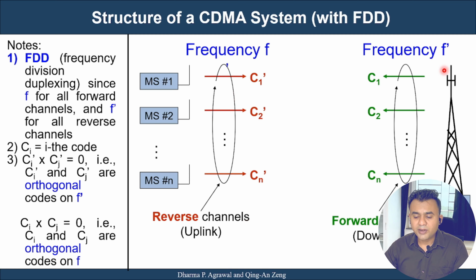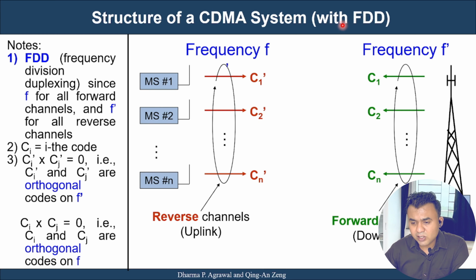Similarly, in the downlink direction, frequency again remains the same, but when my base station wants to talk to mobile station 1, C1 is the code. Base station wants to talk to mobile station 2, C2 is the code. So that's how this is called code division multiple access with FDD, frequency division duplexing.